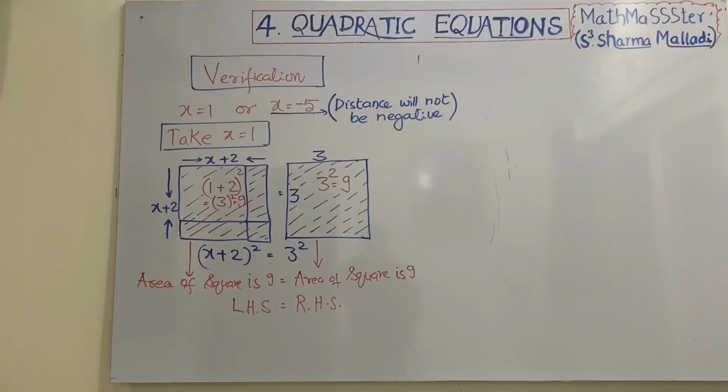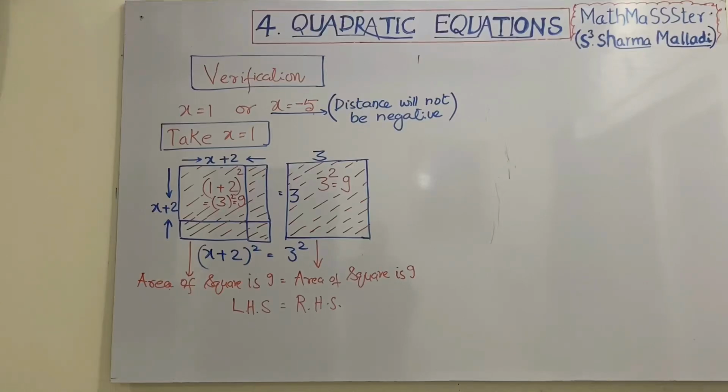Hey students, we will check whether our answer is true or false. Take x is equal to 1, because we should not take x is equal to minus 5, distance will not be negative. See x plus 2, the side of the square is x plus 2, and you substitute the value of x is equal to 1 in place of x, 1 plus 2 whole square, you will get 3 square means 9.